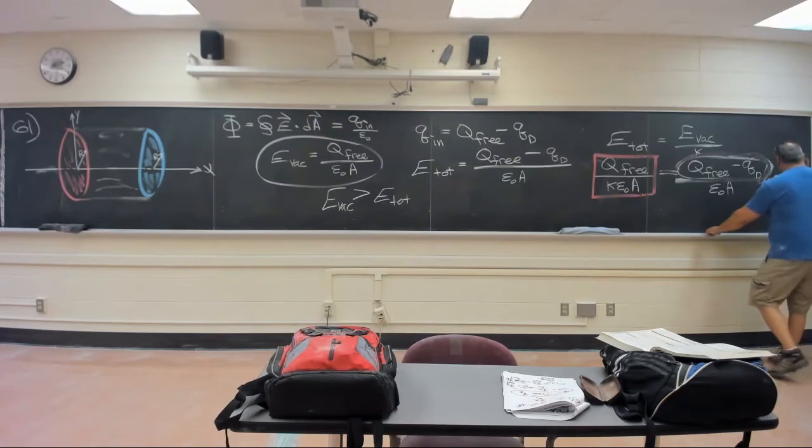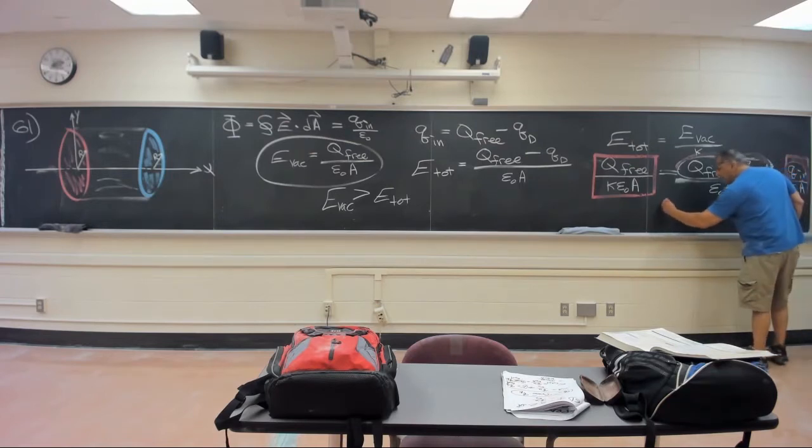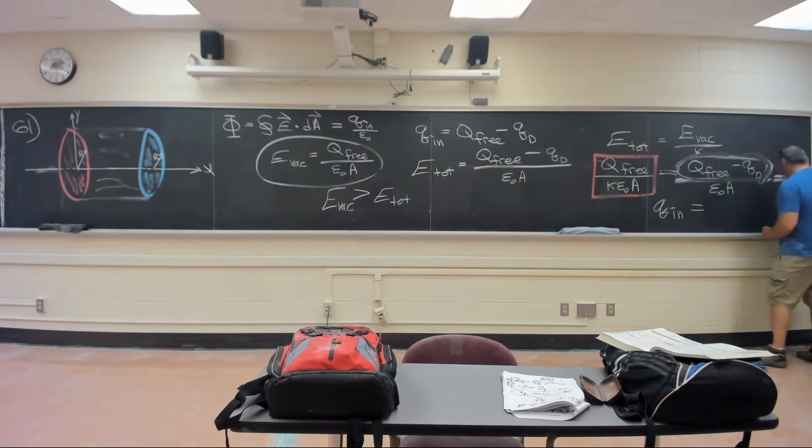So what do we have here? Q in multiplied by epsilon naught times A on each side, and Q in. Wow, starting to get some of the numbers we were talking about last time.